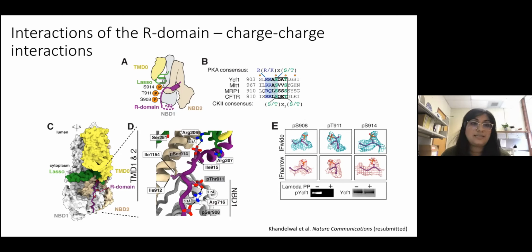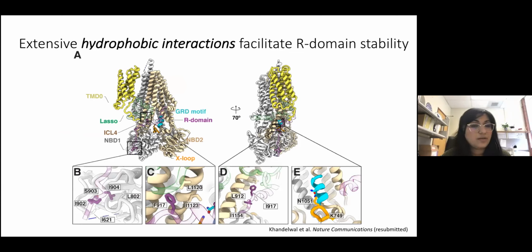Then we also see regions of the intracellular loop 2, and a motif that we recently described in our JMB paper called the GRD motif, engaging the R domain along the entire scaffold of the intracellular portion. And this putatively suggests to us a mechanism by which you could allosterically communicate changes in the nucleotide binding domain to the substrate binding pocket where glutathione and other presumed substrates bind.